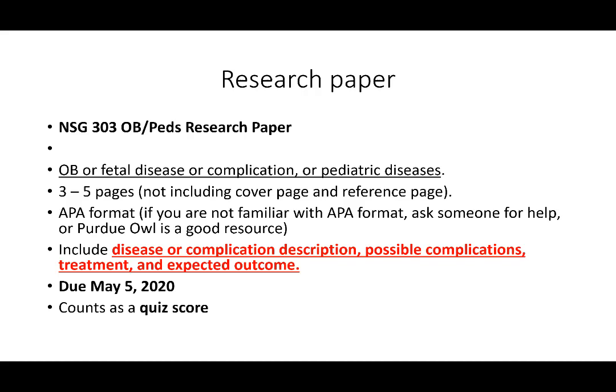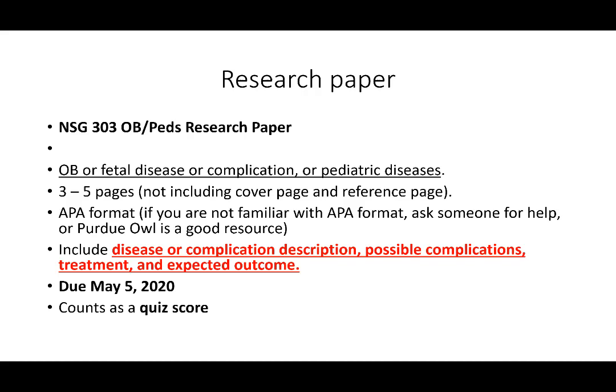So in this paper, in your introduction, the body, and the conclusion, you're going to be including the disease or complication, what it is, maybe a little bit of background on it, what causes it, and so on. The description, the possible complications of it, the treatment of it, and expected outcome. If you follow this, it will make it much easier.